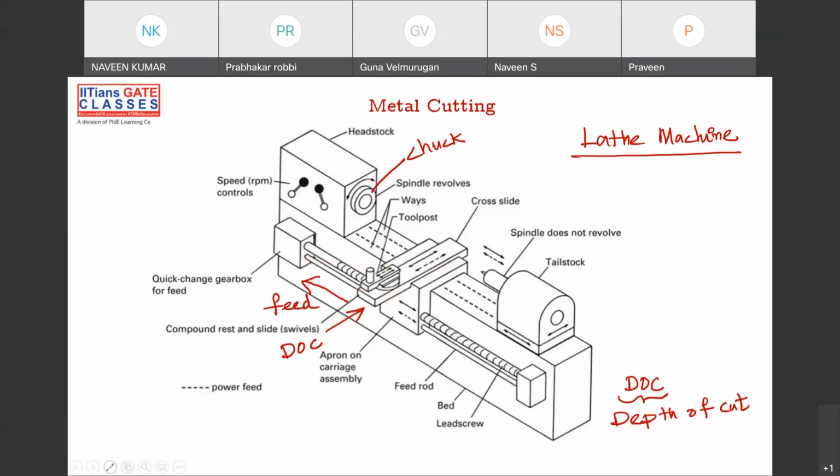Like if you want to stab a fruit, let's say an apple, I'll tell you the difference.